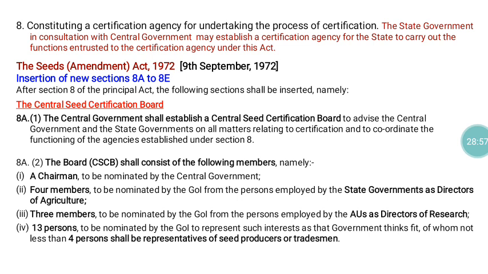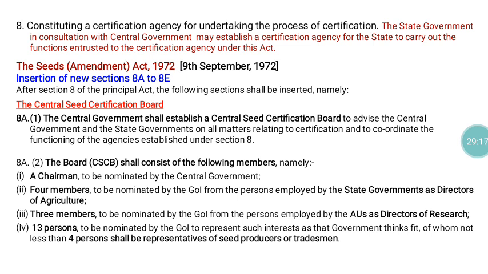In this particular act, originally at the time of introduction, this alone was there. After the introduction of the Seed Act, based on experience and expert opinion, an amendment took place during the year 1972.